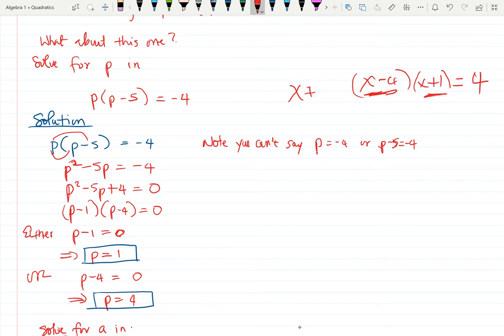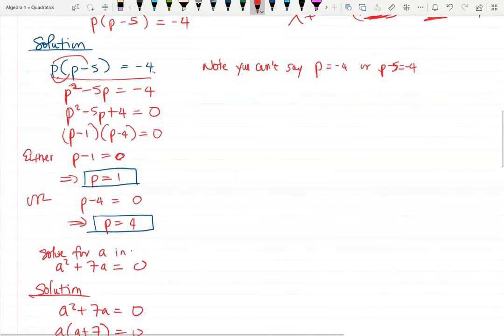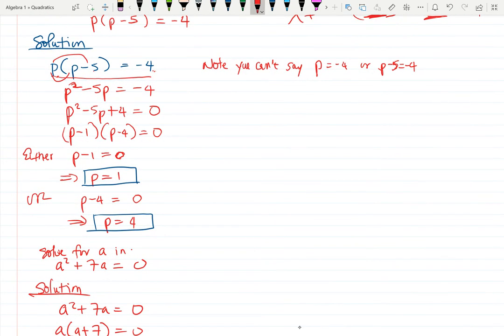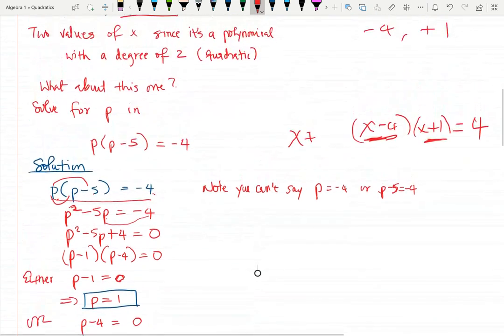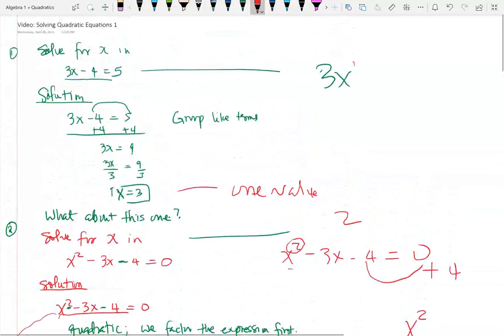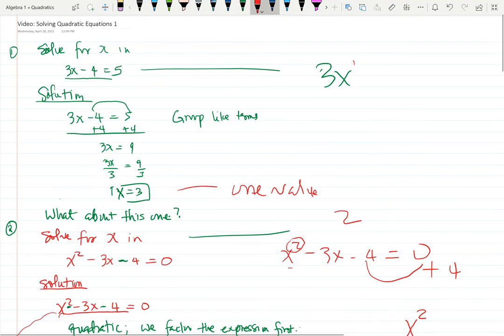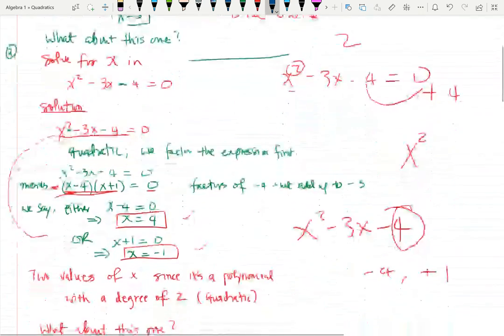So here we have p squared. You cannot say either p equals -4 or p minus 5 equals -4. So you distribute it. And what did I say again? Typically, we want the right side to be equal to 0, so we move the 4 over to this side. That's the difference between this quadratic equation and a linear equation, where we keep the constants on the right side and the variable we're solving for on the left.